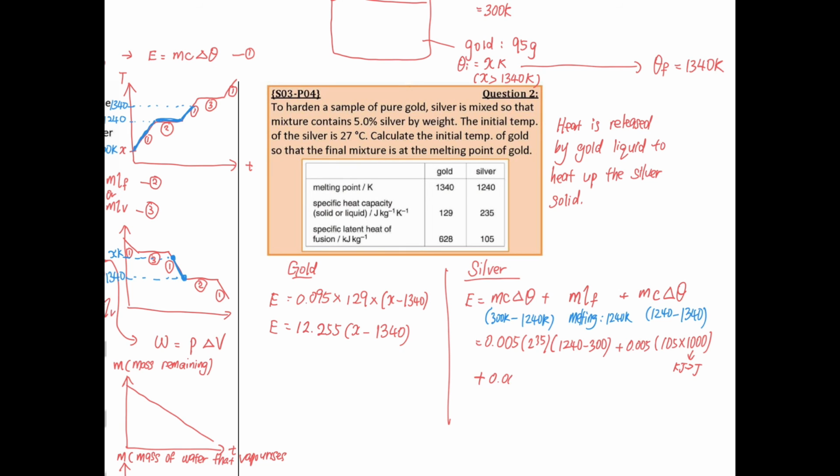Now the C of the silver liquid is the same. They said it here, solid, liquid, same only. So we just write back 235. Then the delta theta is 1340 minus 1240. Then we add up everything here.